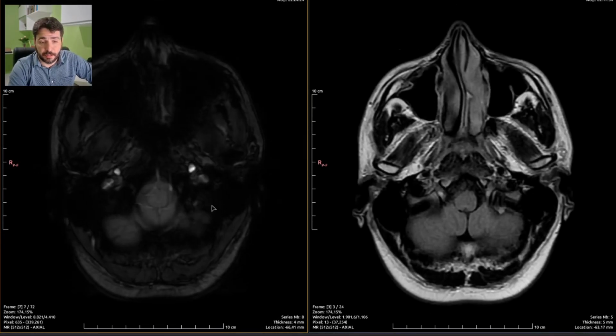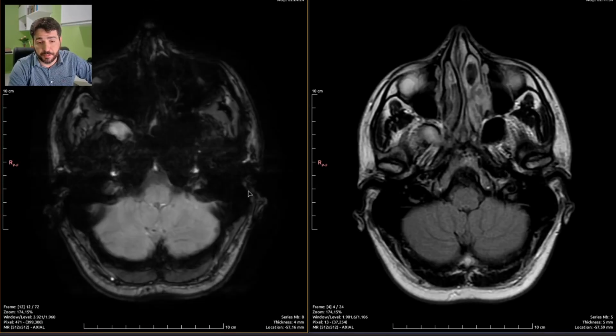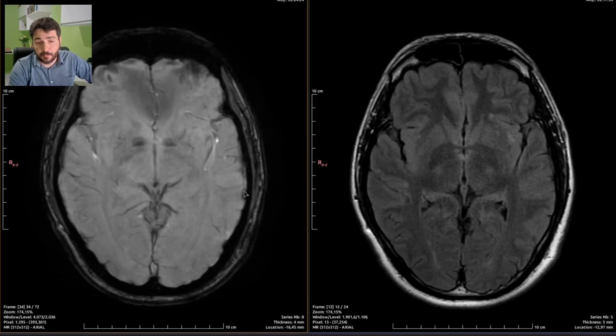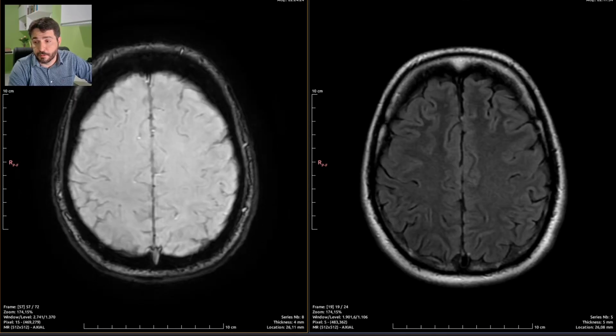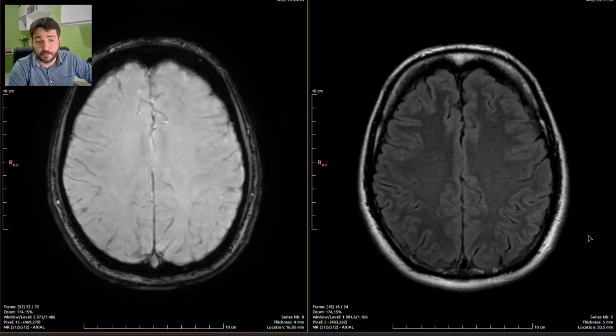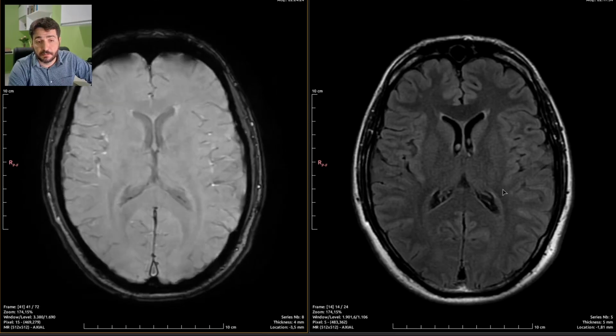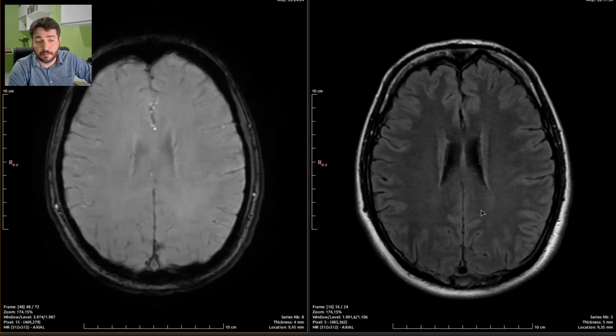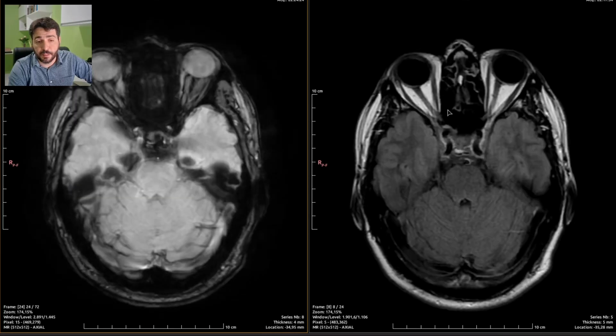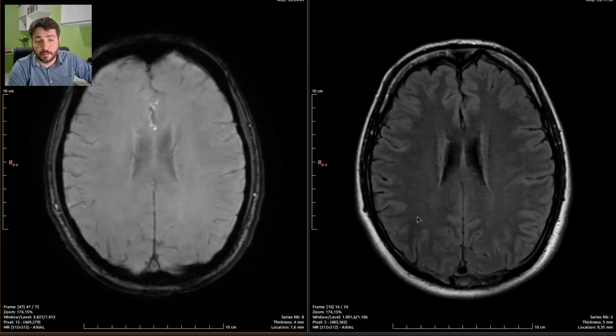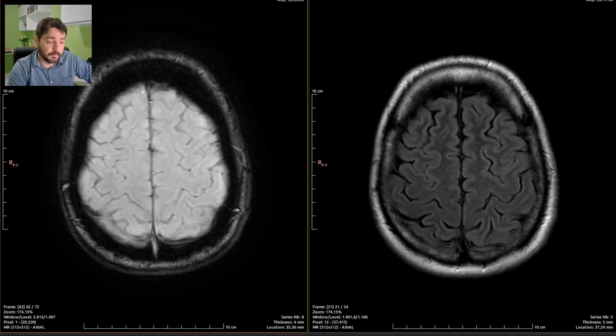So let's go for a susceptibility artifact weighted sequence to look for anomalous crystals, minerals, or blood deposits. No such thing. That sequence is fine. No signs of acute nor chronic bleeding.